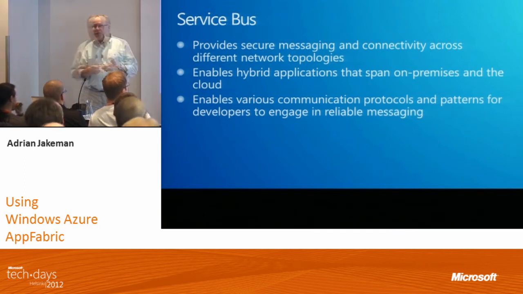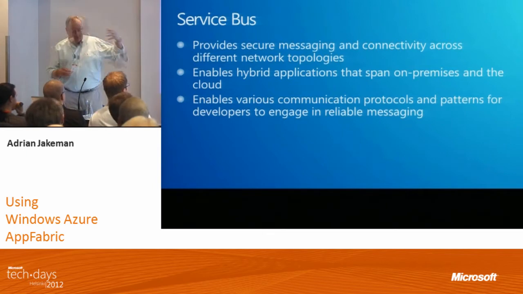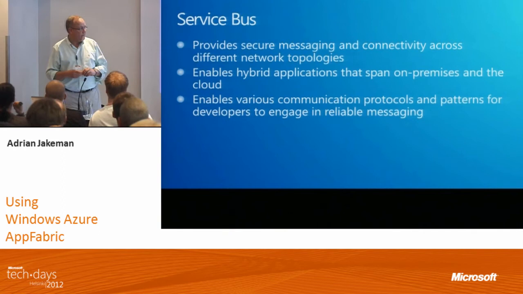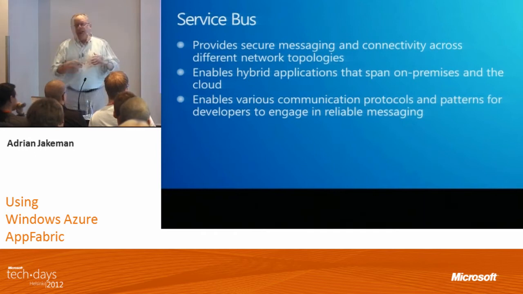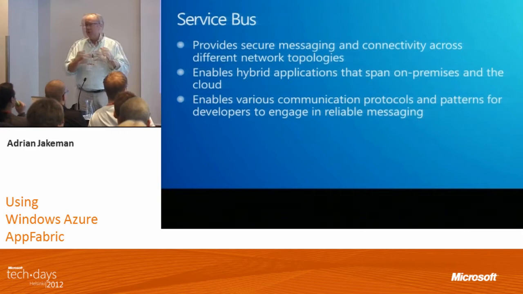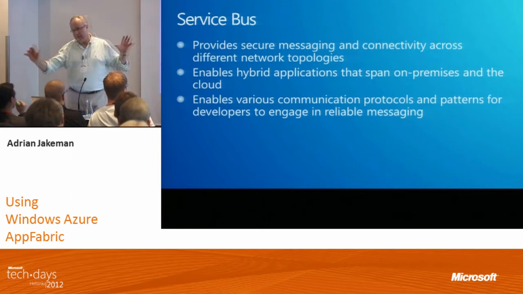Essentially it gives us a way of talking to services that we provide, either as cloud-based or as line-of-business applications, perhaps on-premise, talking to those back-end services over HTTP or over TCP, giving us a mechanism to take away some of the complexity of getting a client application to talk to a service application, irrespective of where that client is running and irrespective of where that service is running.